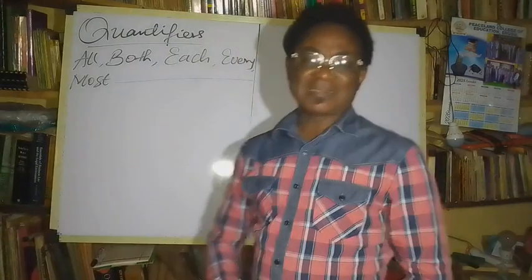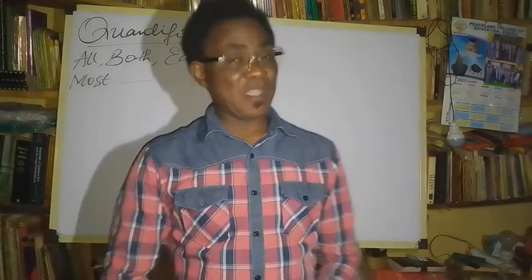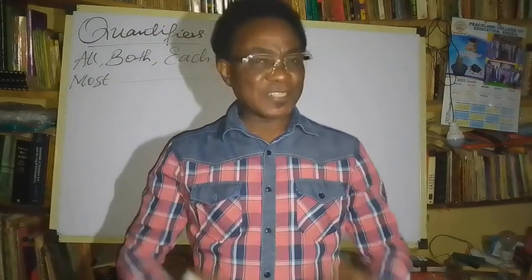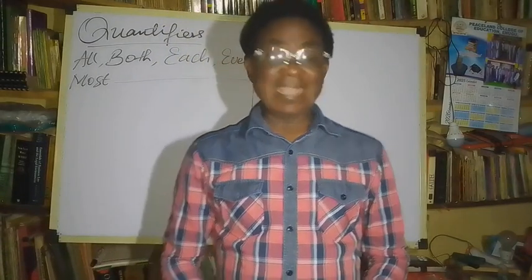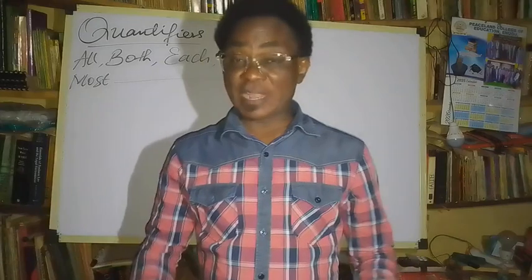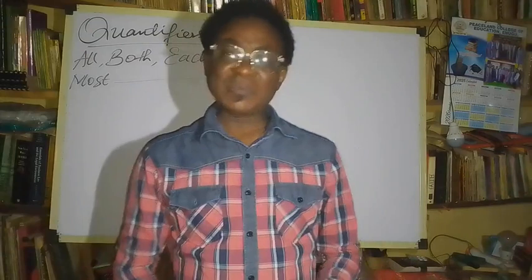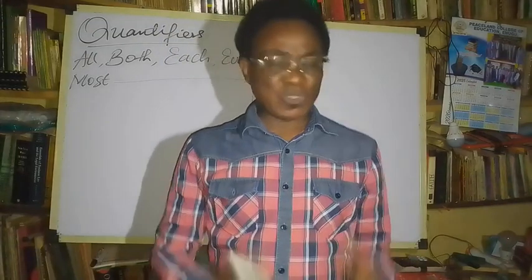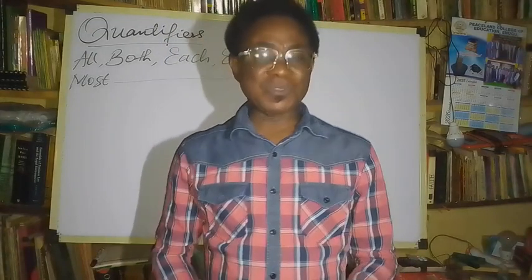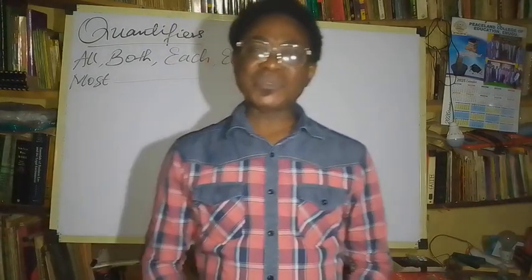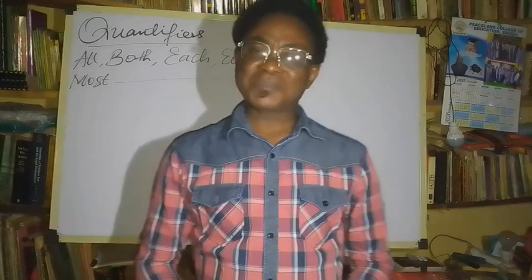What are quantifiers? Quantifiers are adjectives. They are adjectival words and sometimes phrases that go with nouns and pronouns to talk about the amounts of the nouns, the number of the nouns, or pronouns.